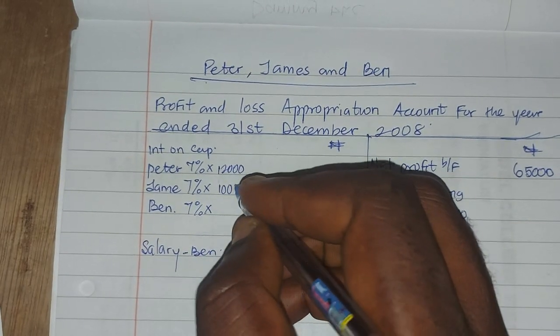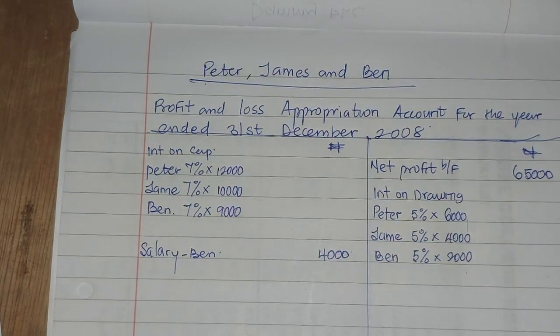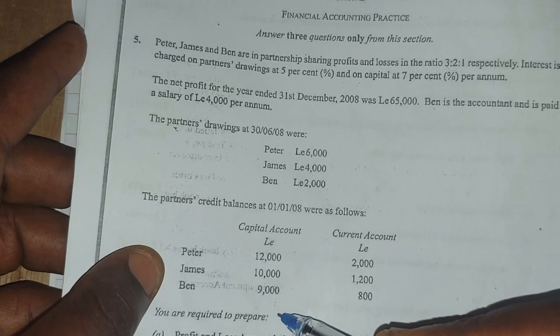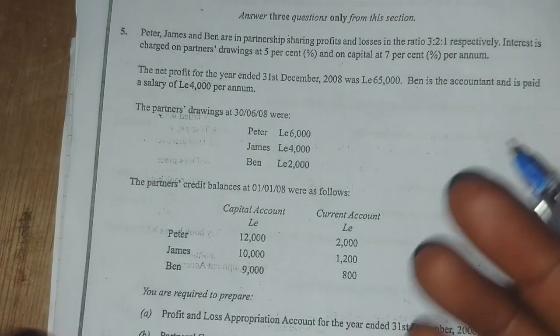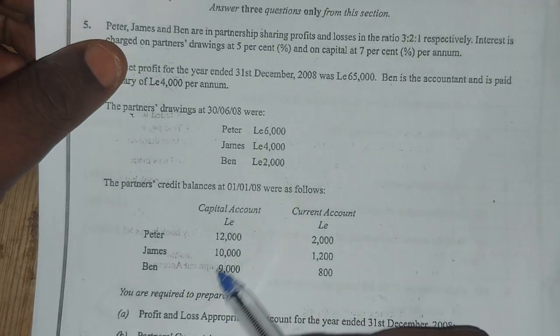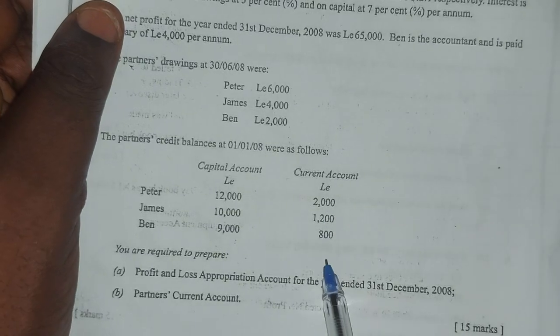Then 10,000 and 9,000. Okay, all right. That is their capital account balances. But we are not asked to prepare capital accounts, but we only use this figure to calculate their interest. All right. Then the current account balances.